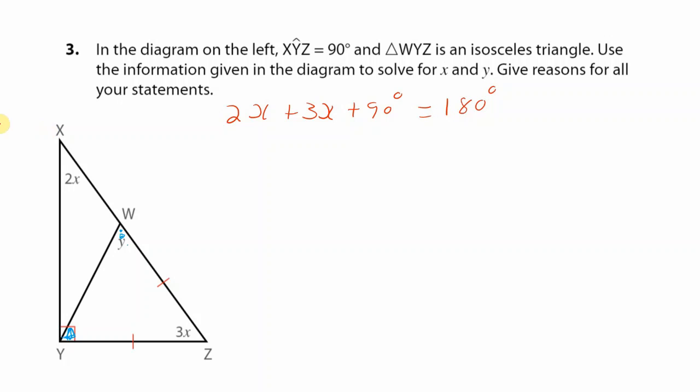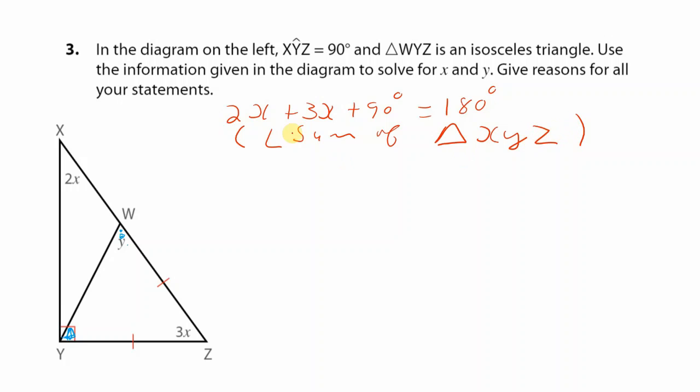Why? Angle sum of a triangle. If we add all the angles of the triangle, they must add up to 180. So our reason is angle sum of triangle XYZ. We need to indicate which one, as there are more than two.